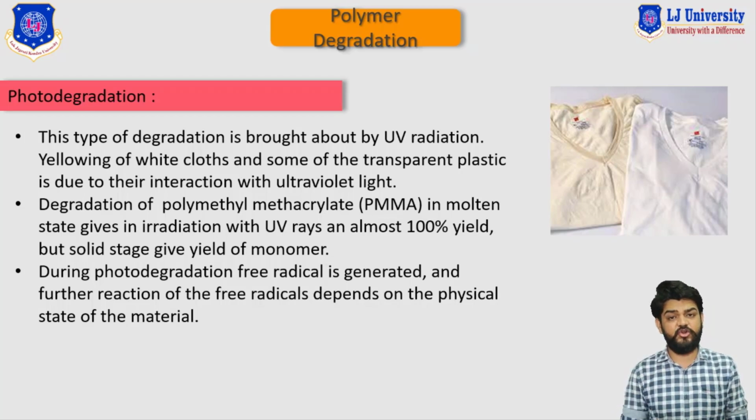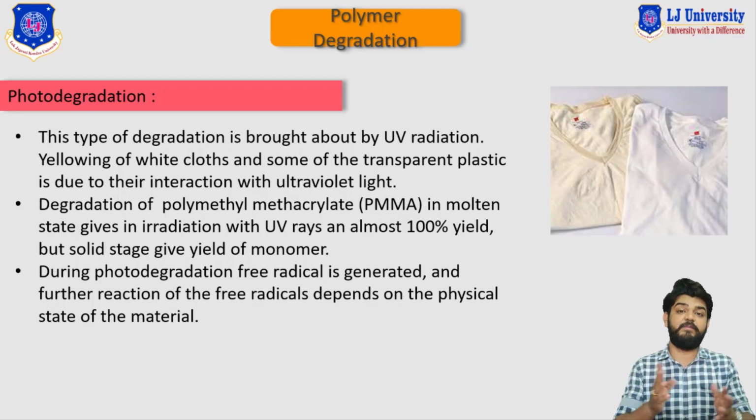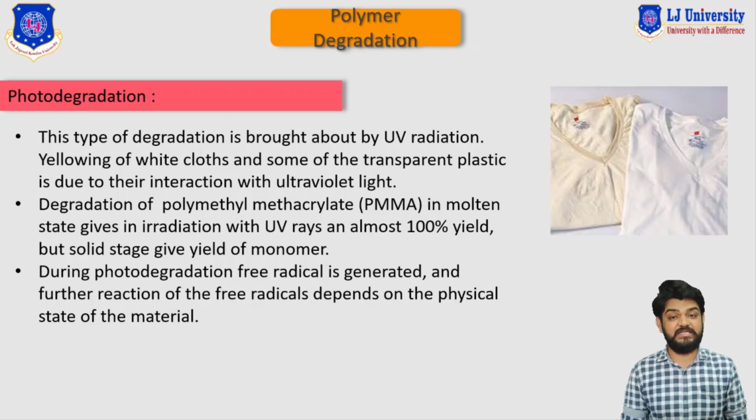This t-shirt or shirt is manufactured with the help of fibers, and these fibers are nothing but natural polymers. So the ultraviolet rays coming out of the sun directly affect this polymer and turn its color, and it degrades the polymer, and we can physically see the degradation of such polymers. This is the example of clothes only, but this phenomenon is also observed in different types of plastic polymers or even transparent materials, such as the silicone case that you use for mobile protection.